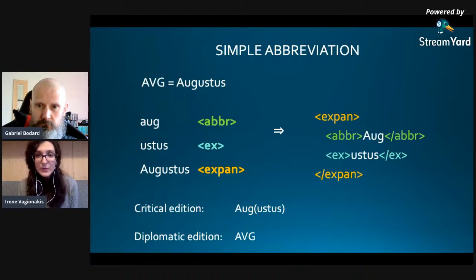And thanks to this markup, we can decide in the final outcome, so in our critical edition, to display Augustus with the round brackets around the expanded part, as we used to do in a printed canonical edition. But if we want to display it also in a diplomatic edition, we can decide to display only the abbr, only what is actually on the stone. So in this case, aug.